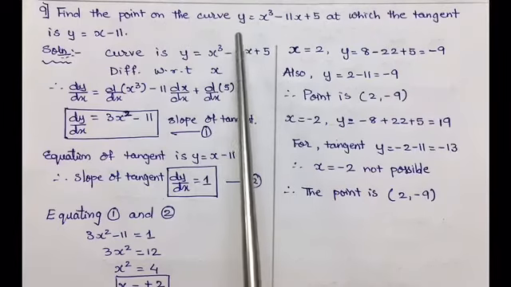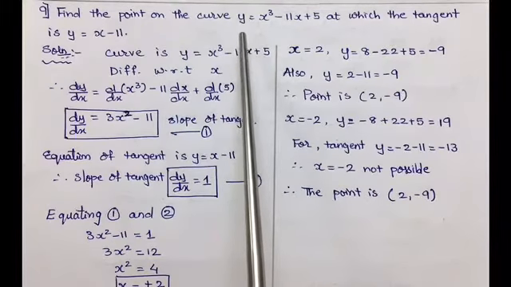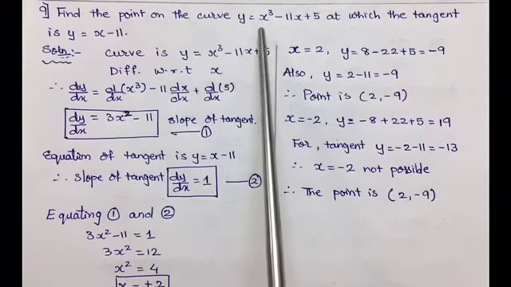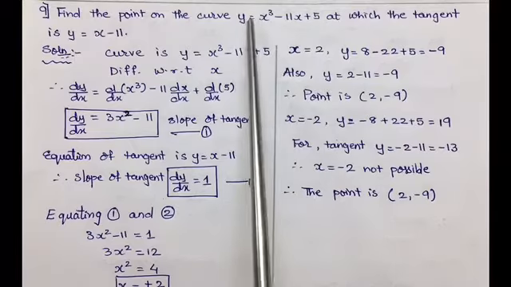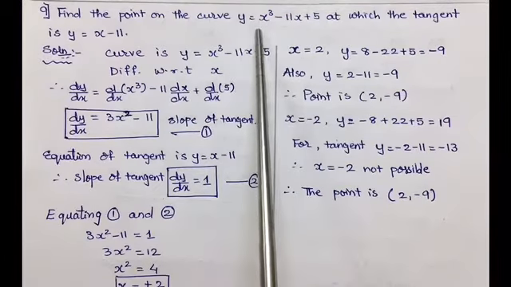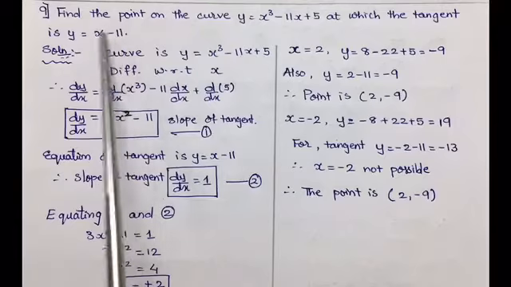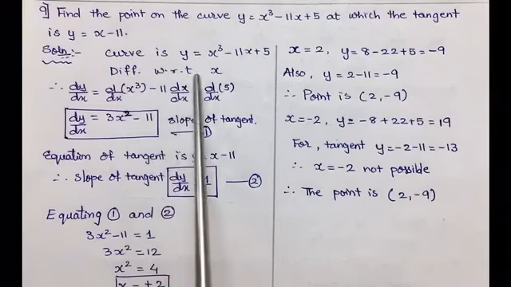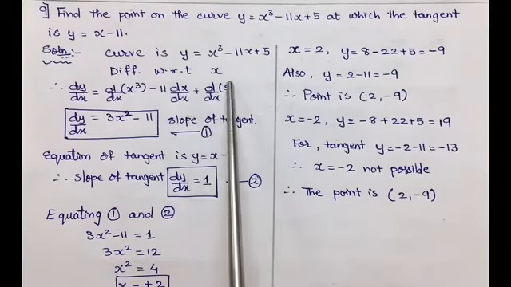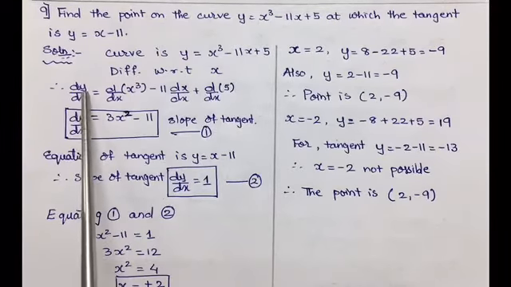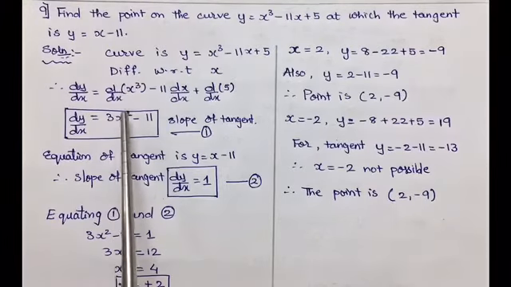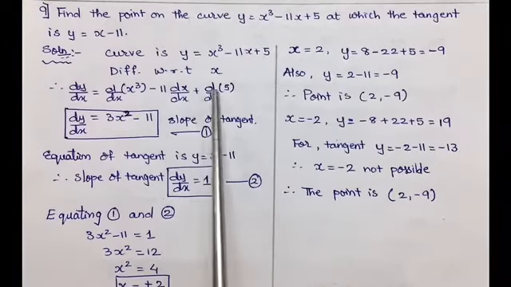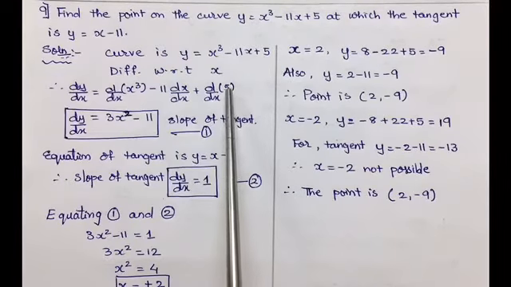Now to calculate the point, as the tangent is given, we have to go for the slope of the tangent from the curve and the slope of the tangent from the equation of tangent. So differentiating the equation of the curve with respect to x, we get dy by dx is equal to d by dx of x cube minus 11 dx by dx plus d by dx of 5.